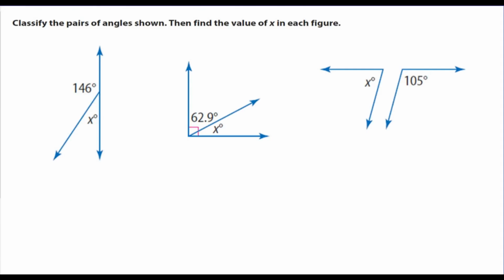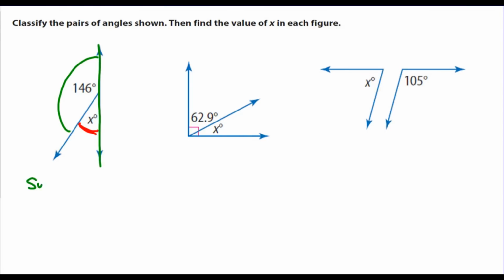So let's take a look at these angles here. Let's classify them and then find the missing values here. So this first example, we have 2 angles here and we're trying to figure out the value of x, this angle right here. Well, I know that when I combine these 2 angles, I'm going to get this straight line. So I know that they have a sum of 180 degrees.